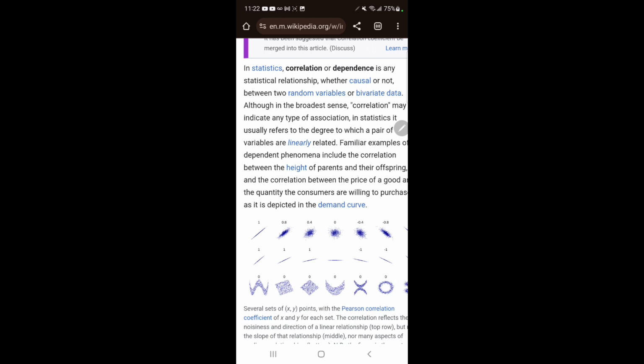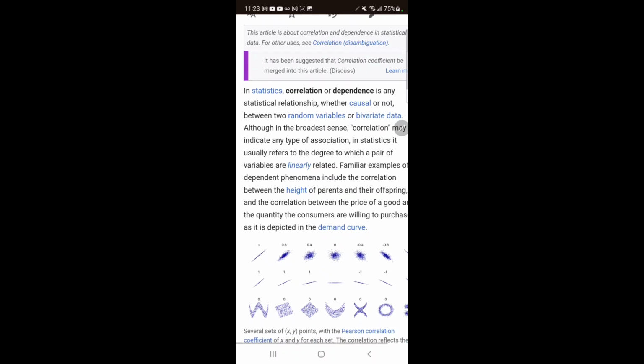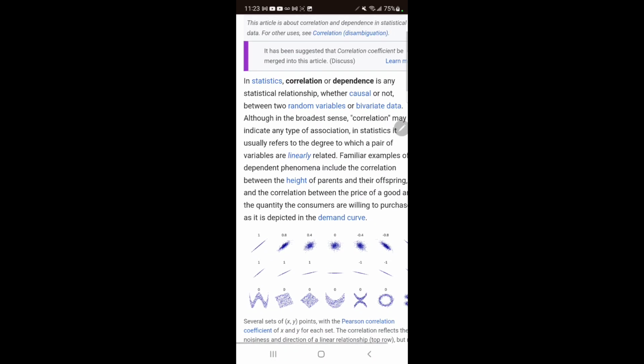So about the correlation, the Pearson correlation coefficient may indicate any type of association.